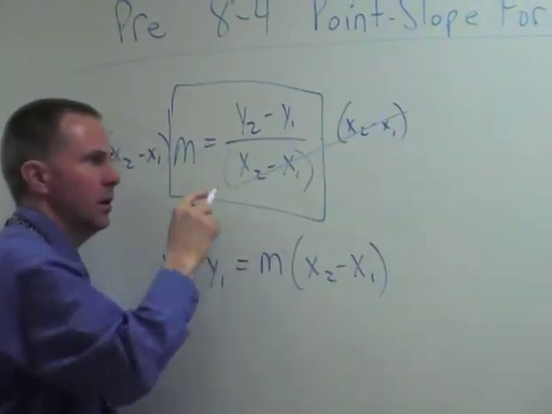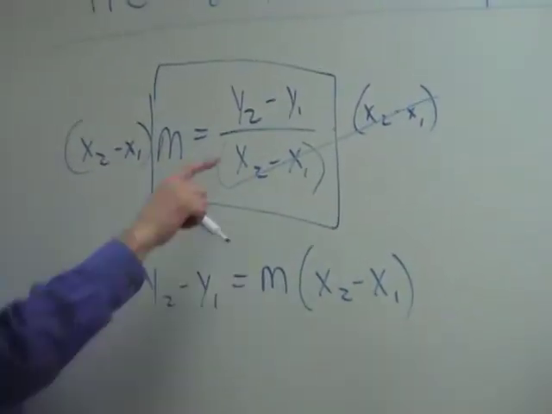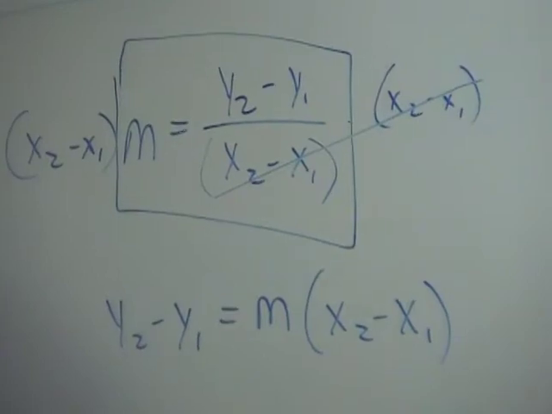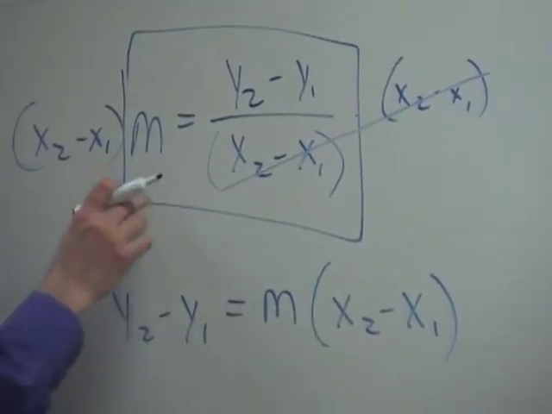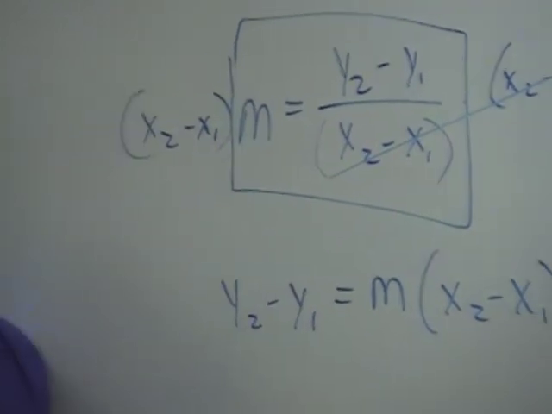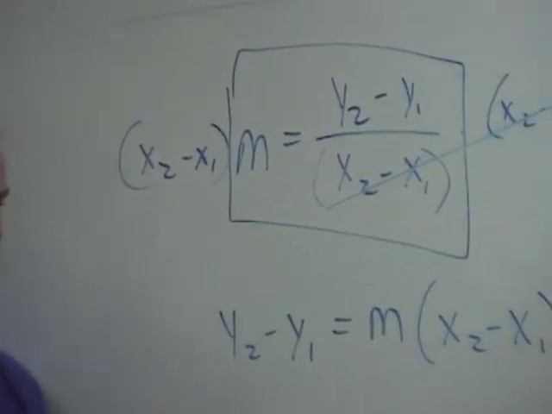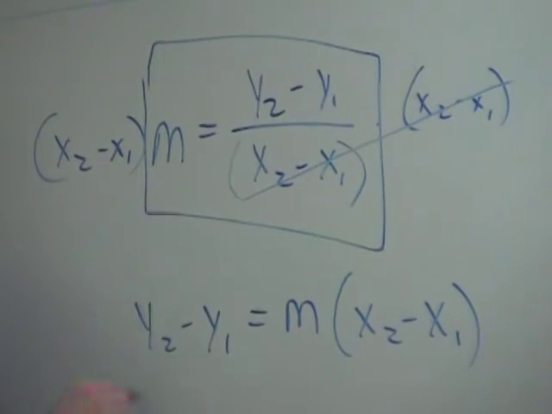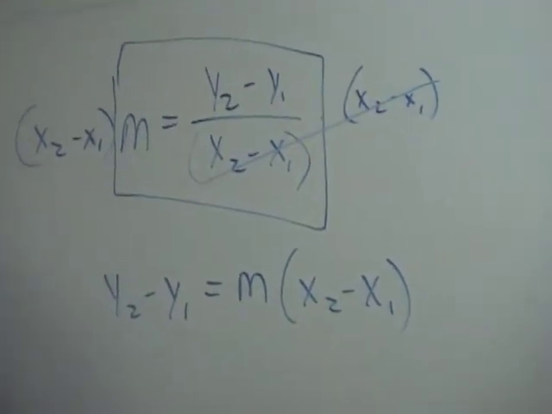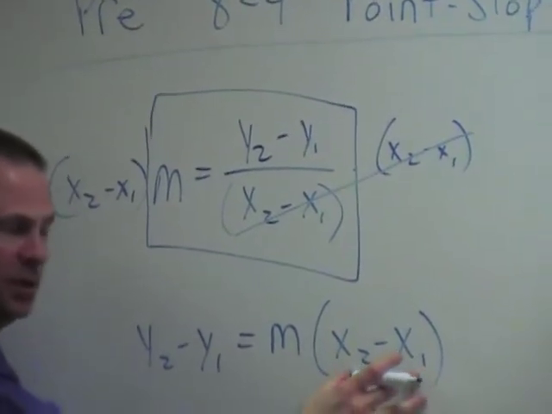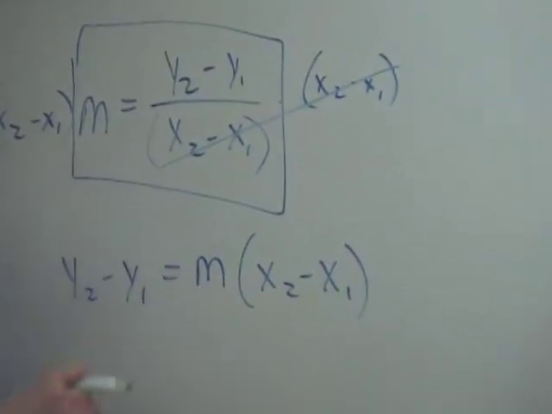So these are now gone, leaving just y sub 2 minus y sub 1 all by itself on one side of the equal sign. On the other side, we have m times x sub 2 minus x sub 1. I'll need parentheses here because this is one group being multiplied by m.